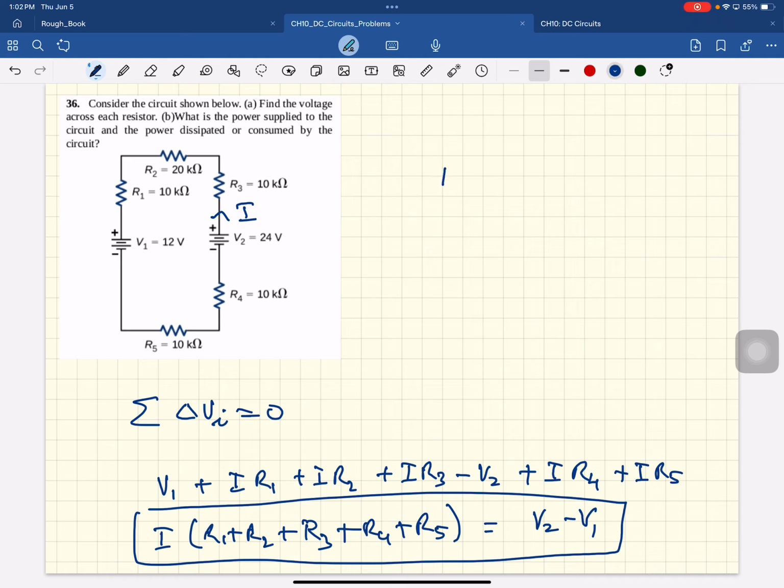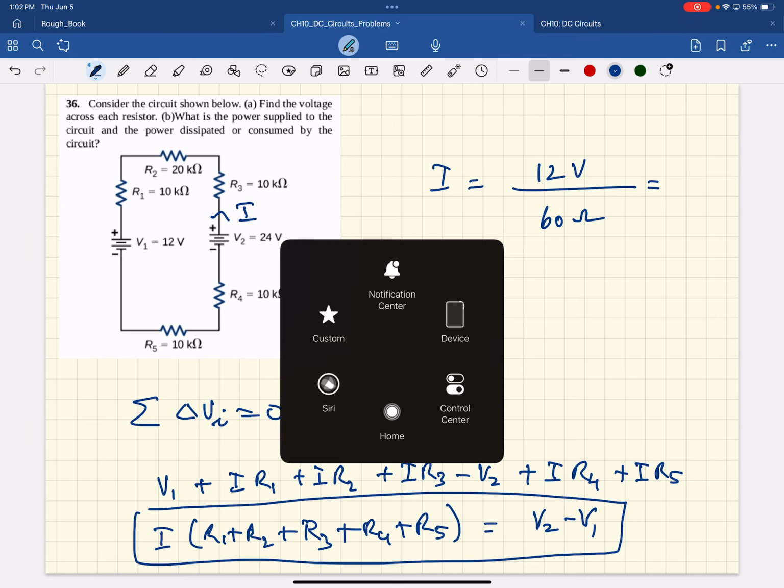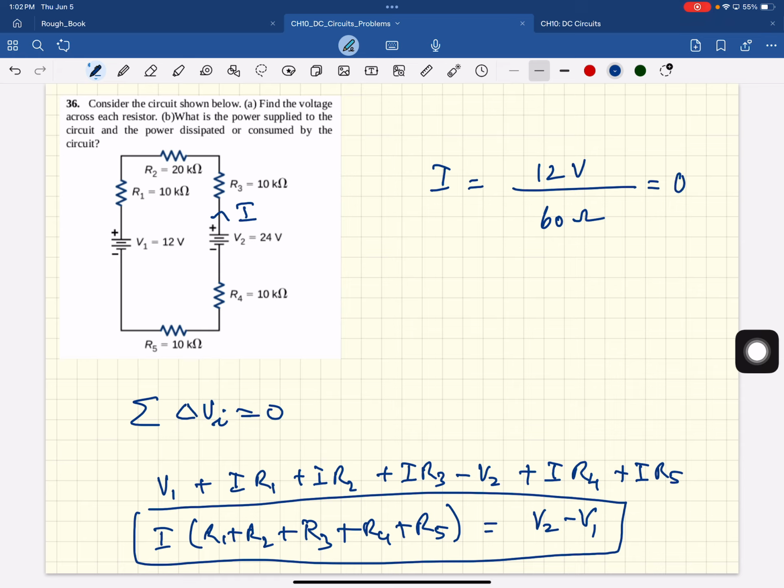This I is V2 minus V1, which is 12 volts, divided by the sum of the resistors: 10 plus 20, 40, 50, 60. 60 ohms. And so this is 0.2 amps. Had you drawn the current like this, the answer would have come out negative 0.2 amps.